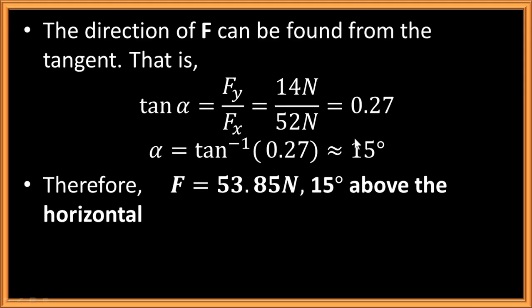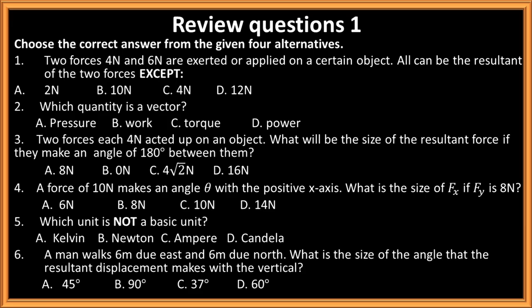You can find it from the back of your mathematics book, and the result you obtain is 15 degrees. Therefore, the net force is 53.85 Newton, and the direction of the net force is 15 degrees above the horizontal. This is the solution.